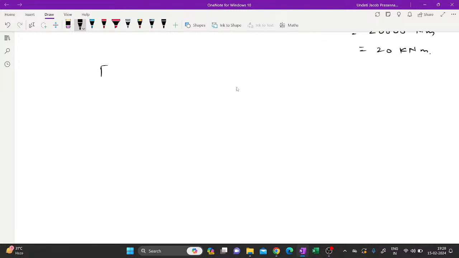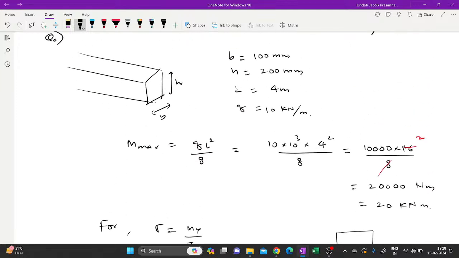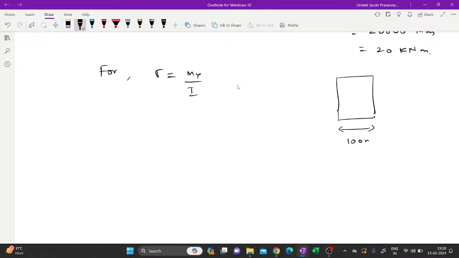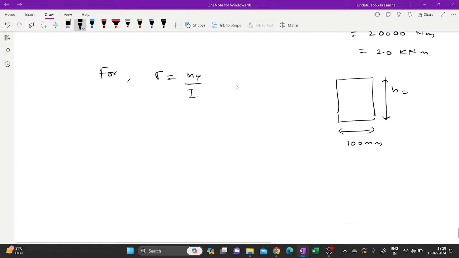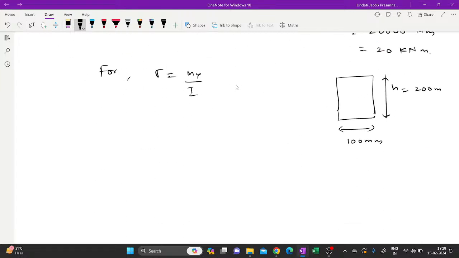Now for sigma equal to My by I. For this rectangular cross section, B is equal to 100 millimeters and H is equal to 200. So the Y value will be H by 2, and you know the value of I is equal to BH cube by 12.